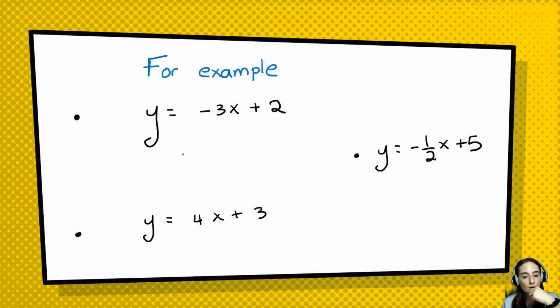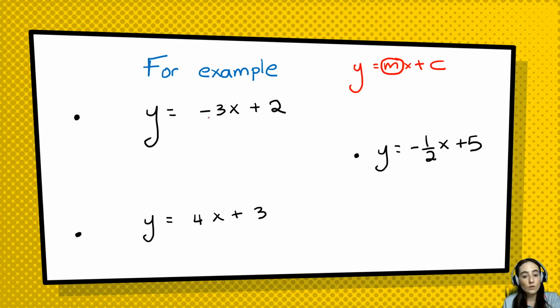Since we've written it in the form y equals mx plus c, remember the coefficient, the number that is attached to x by a times, is your gradient. That includes its sign as well.